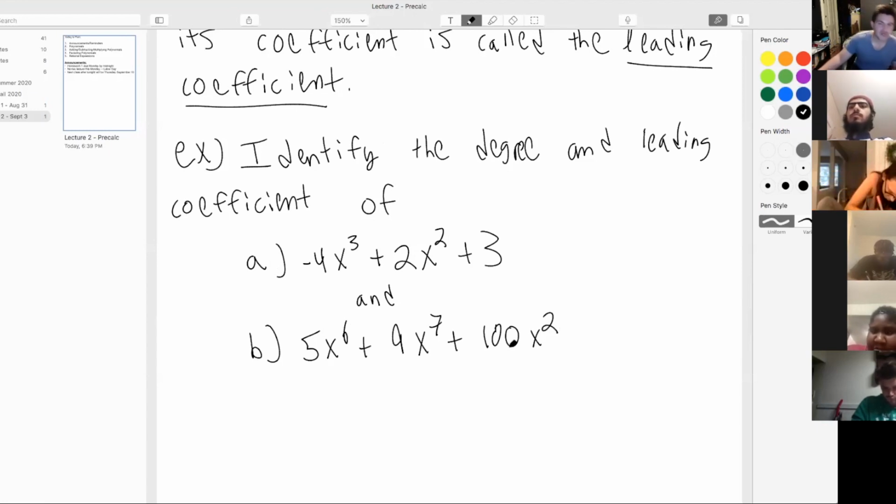We just want to identify the degree and leading coefficient of these.